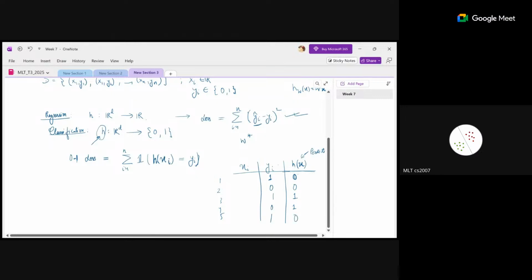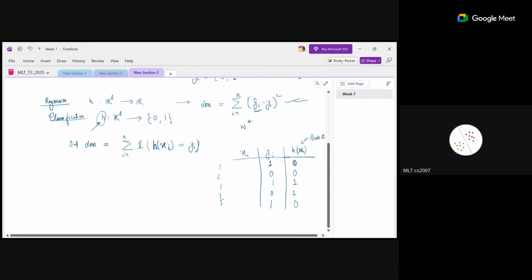So now what we're looking at is this indicator function, h of xi is equal to yi, right? And what does this indicator function denote? If I'm saying h of xi is equal to yi, what does it mean? It gives the boolean.